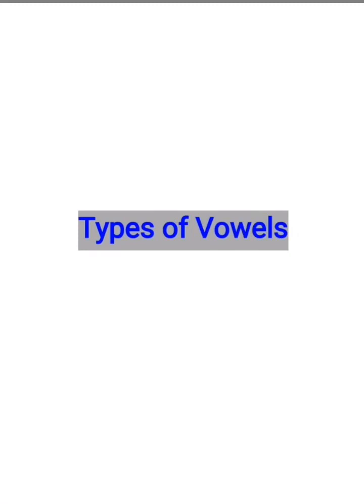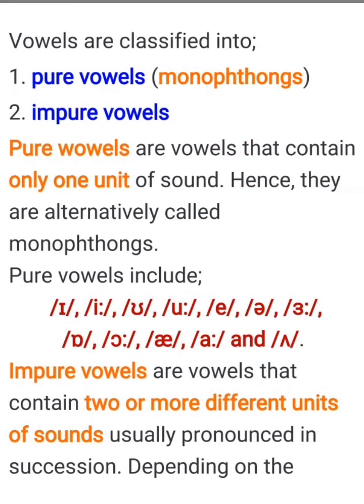Remember, sounds are of two types, vowels and consonants. Then the vowels now, we want to look at the subtypes of vowels. Vowels are classified into pure vowels, also called monophthongs, and impure vowels. So we have two subtypes of vowels, pure vowels and impure vowels.